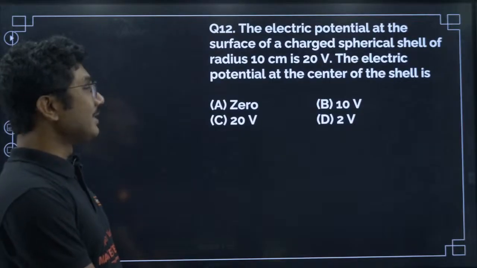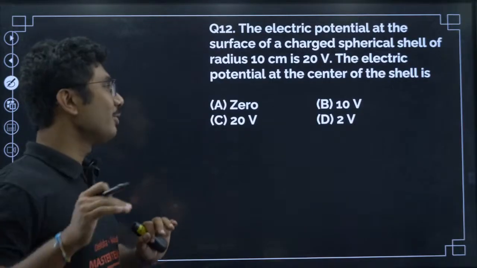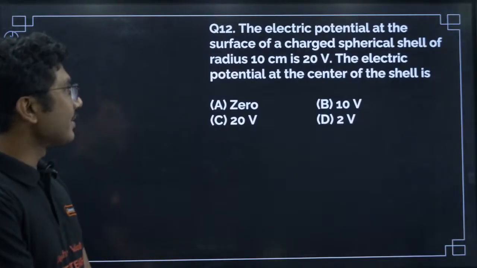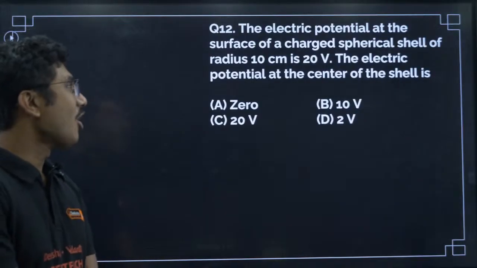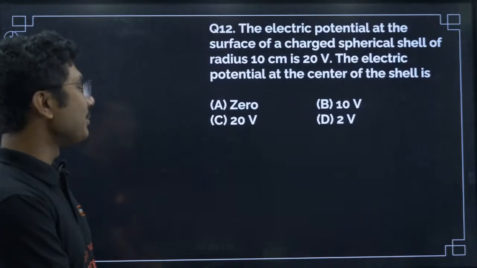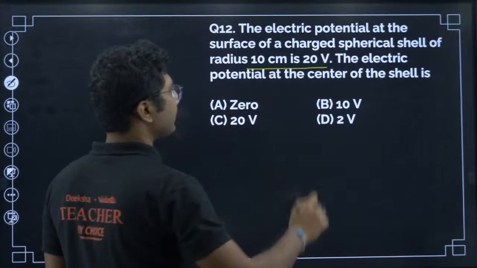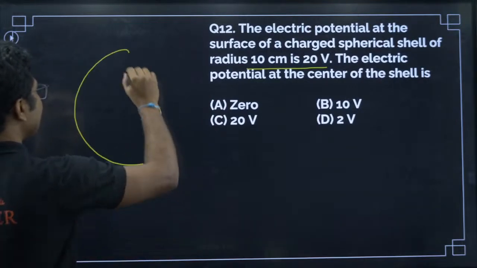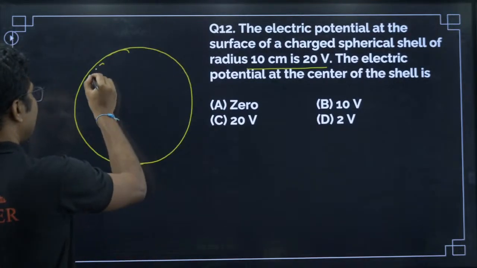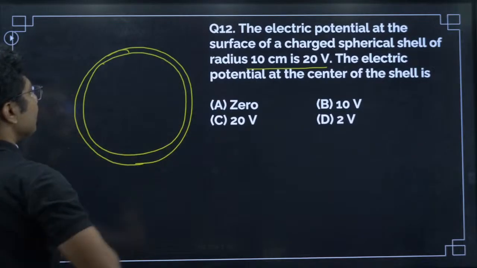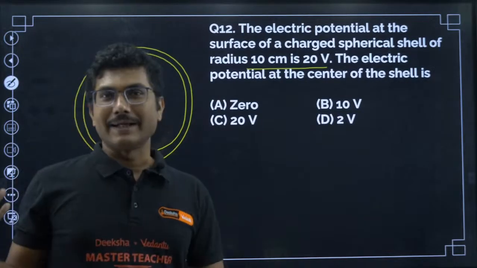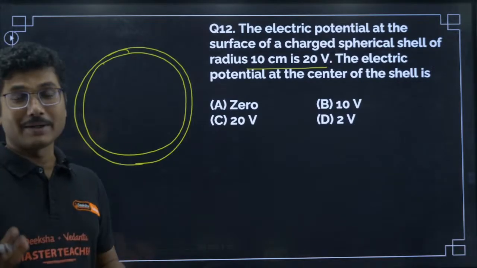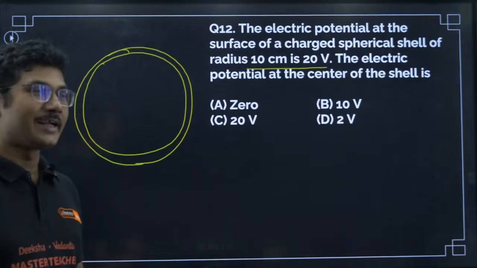Electric potential, we have 30 MCQs today. So try to answer them faster. The electric potential at the surface of a charged spherical shell of radius 10 centimeter is 20 volts. What is the electric potential at the center of this shell? Shell means remember an egg.